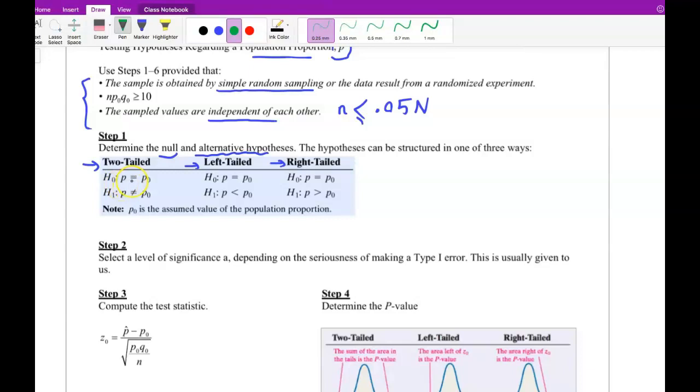So p is equal to p0, that is our H0 or null. Here we have the alternative. Since we have two-tail, this is not equal to. In the left tail, we have less than. And in the right tail, for the alternative, we have greater than.